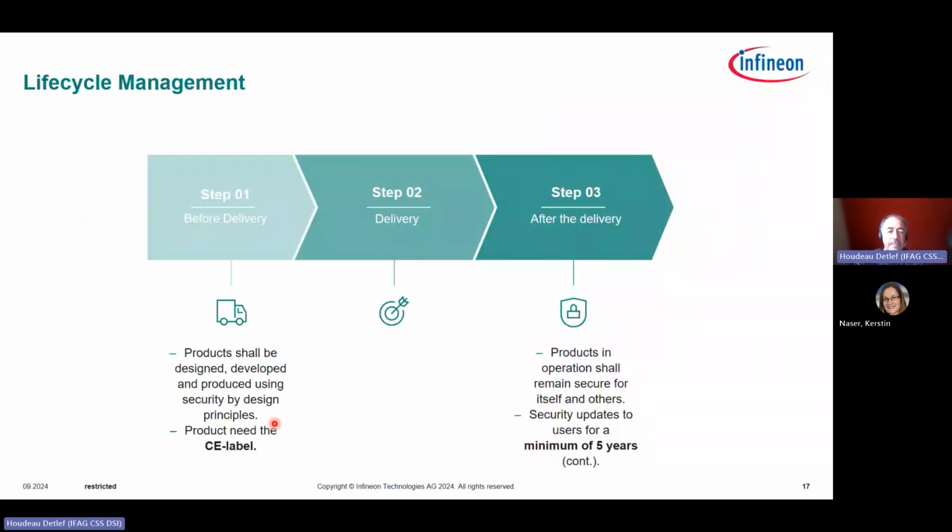So we have the lifecycle management from the development, step 1, and after sales service for the support delivering of vulnerability topics of this product. So it is very important to have both areas in mind, before delivery selling and after delivery selling.